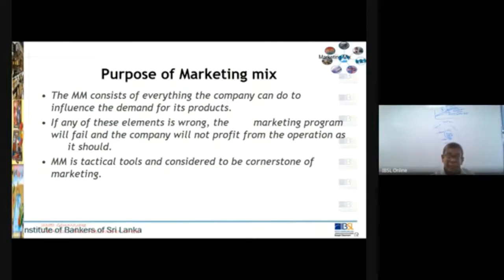They are using cricketers, artists, a lot of actors, no? And especially in India, right? So what do they create? They create demand for their product using marketing mix variables.